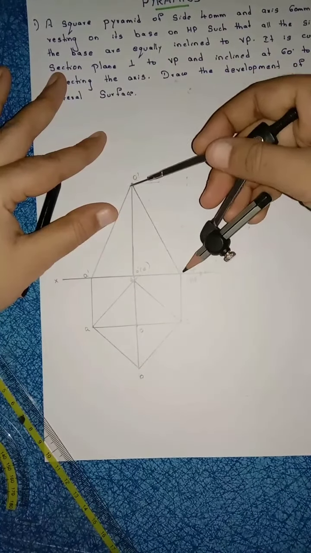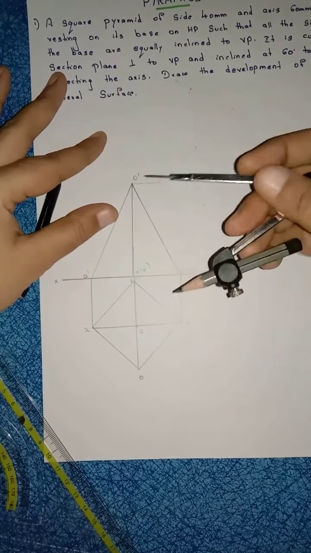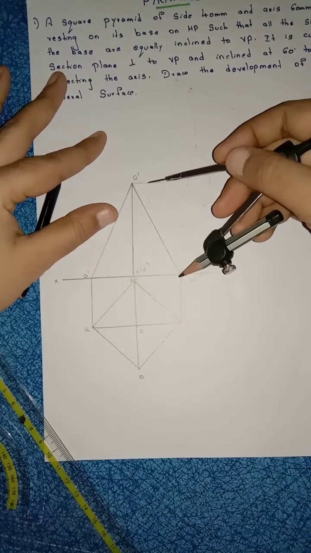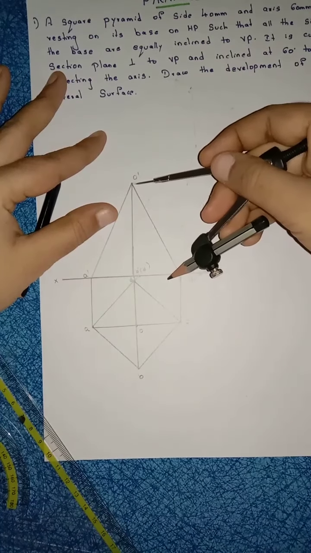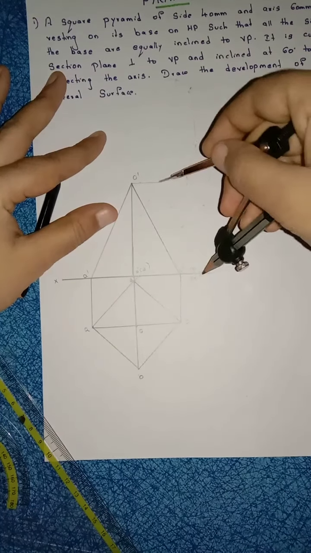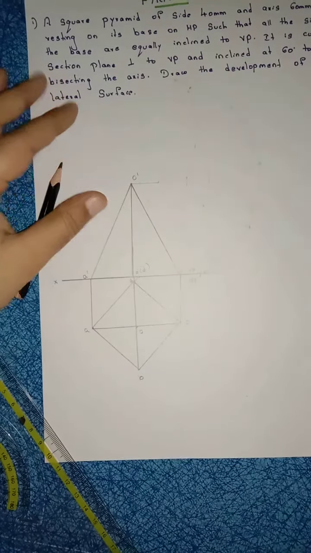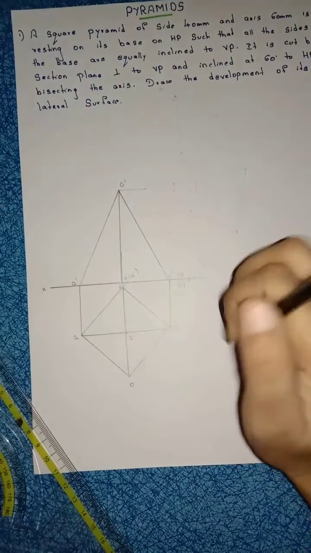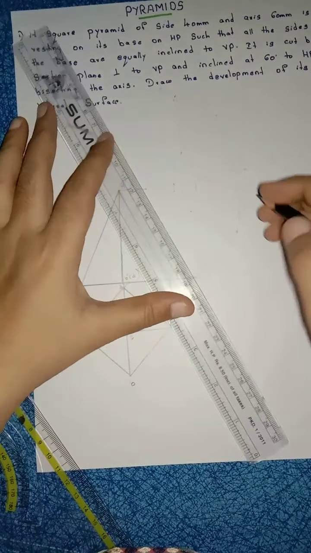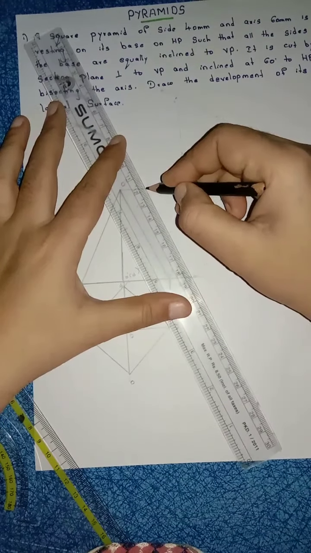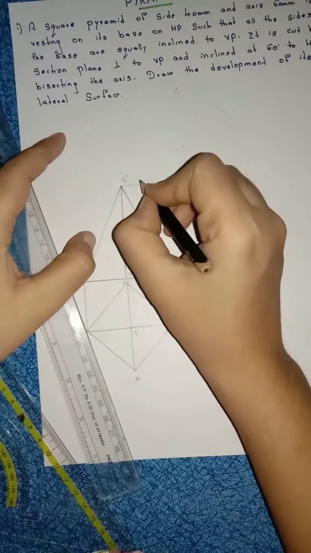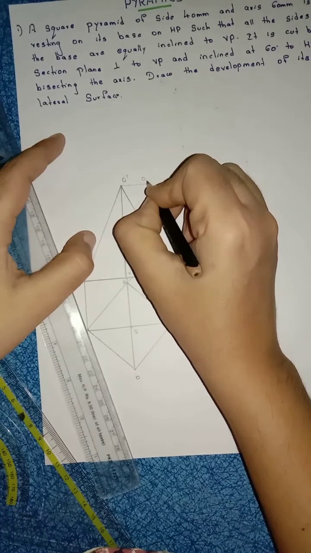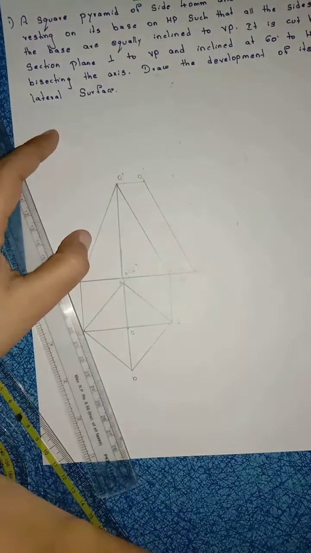I am taking this length with compass. You can place anywhere, right? So I am leaving some distance here. I am placing my compass like this and I am drawing an arc, right? Now through that I am drawing a line now.